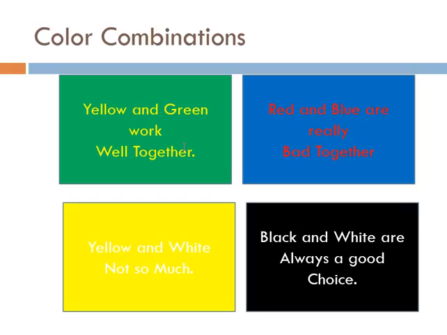The last thing I want to talk to you about in terms of graphics and text is to choose your color combinations carefully. You can see on this slide which ones work and which ones do not. Red and blue together are a really bad idea.